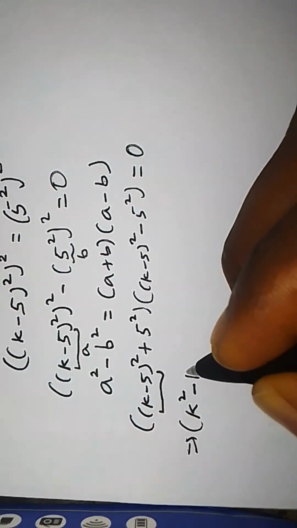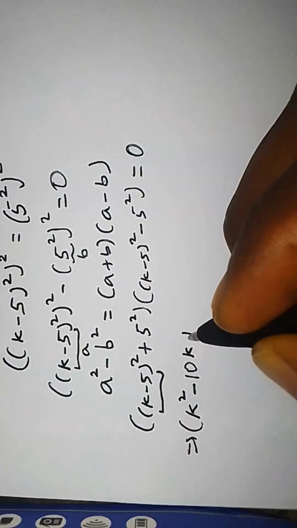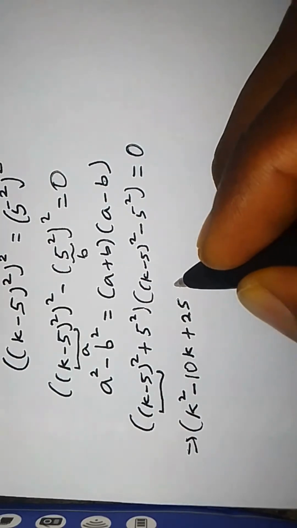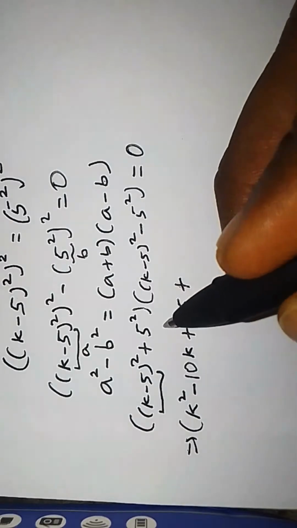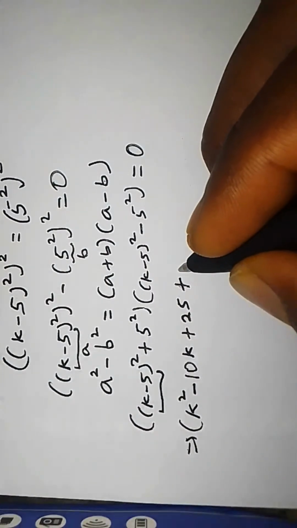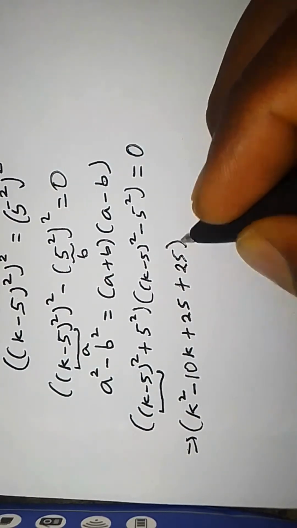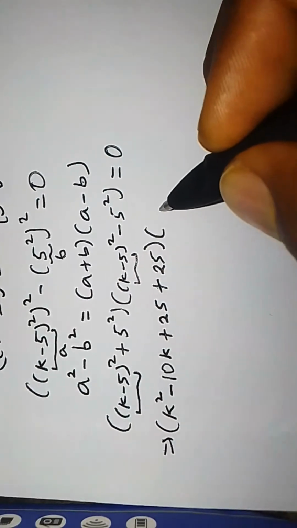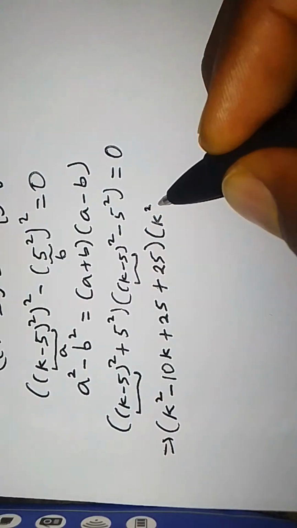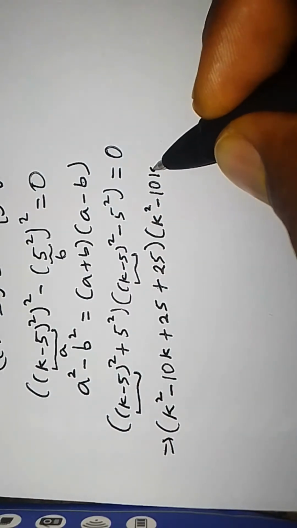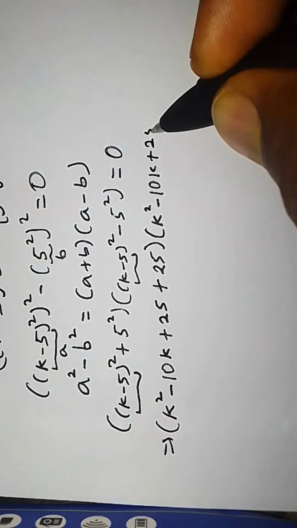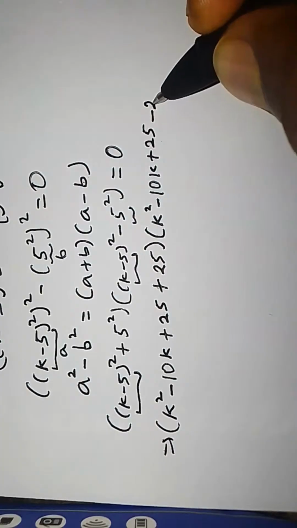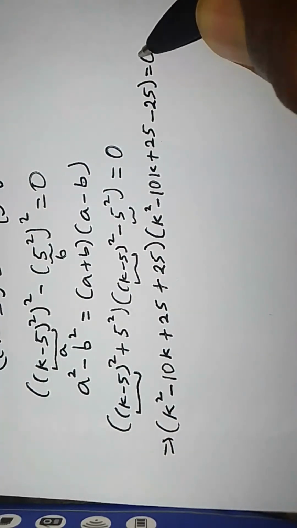This means that if you expand (k minus 5) squared very well, we have k squared minus 10k plus 25, plus 5 squared, that is simply 25 also, times, expanding this also very well, we have k squared minus 10k plus 25 minus 5 squared, that is simply 25, equal to 0.